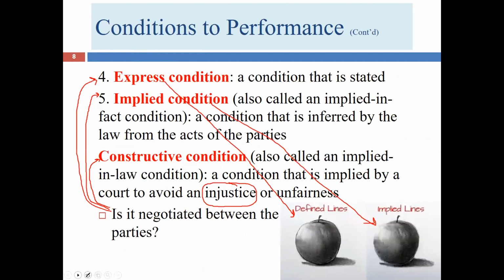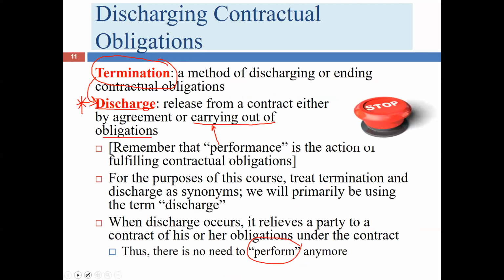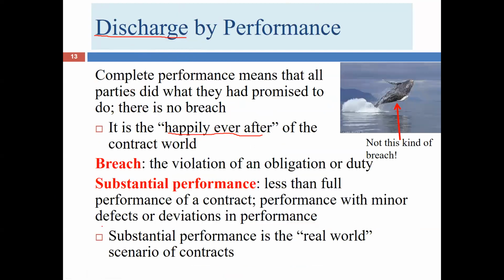Let's consider the issue of substantial performance. Substantial performance is an acknowledgement that the real world is complex. There's lots of moving pieces. People aren't perfect. People's relationships with other people aren't perfect.